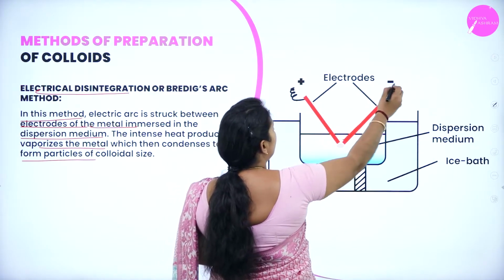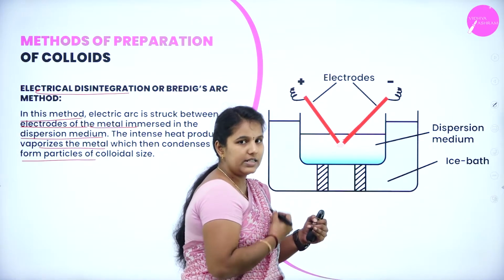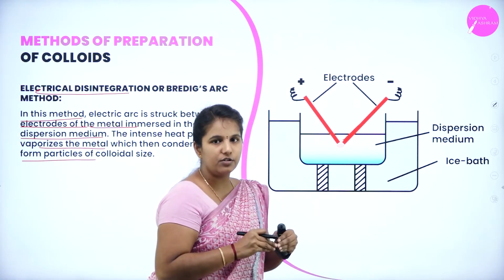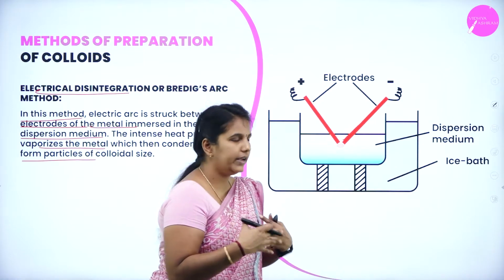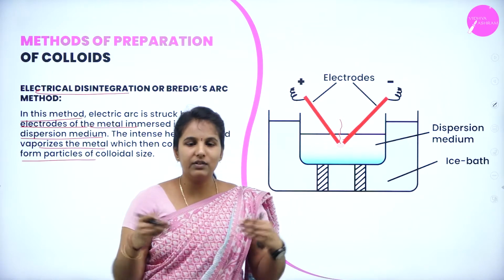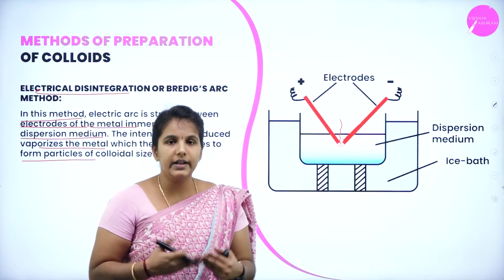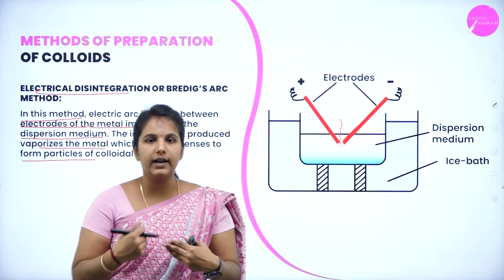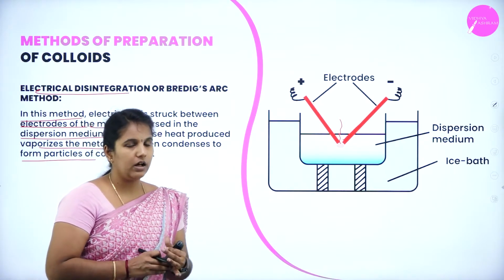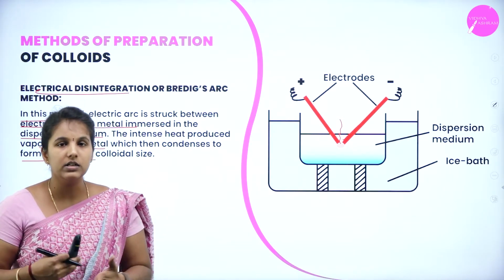Now if you apply the electrical field to these 2 electrodes which have been dipped in the dispersion medium, when you switch on the electrical field, they will receive too much heat and start vaporizing. When the electrical arc is struck between the 2 electrodes, the metal gets vaporized, and later that vapor is collected and condensed back to get the colloidal solution. This is how, by using electrodes, they are preparing the colloidal solution.